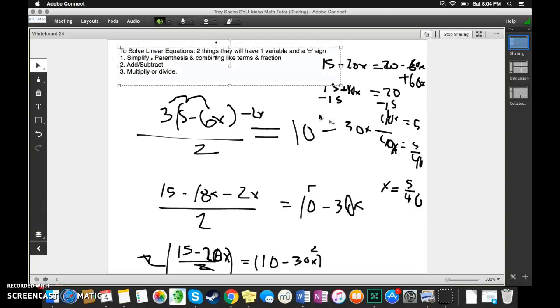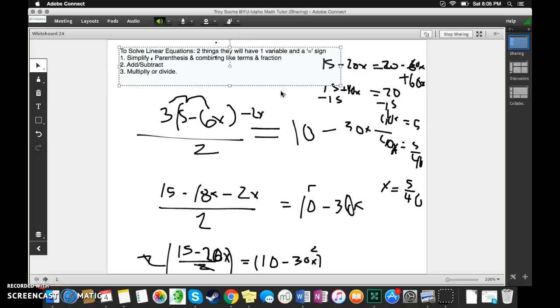They will have one variable, so only one letter. They can have multiple of one letter, but they can't have multiple different letters. They can't have an x and a y. They have to have just an x or just a y. They will also have an equals sign. That allows you to solve.